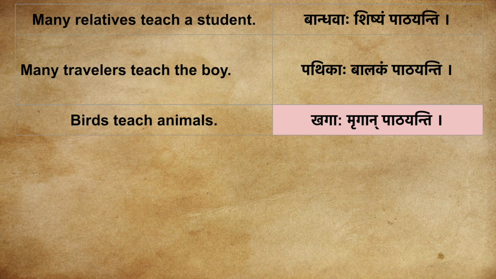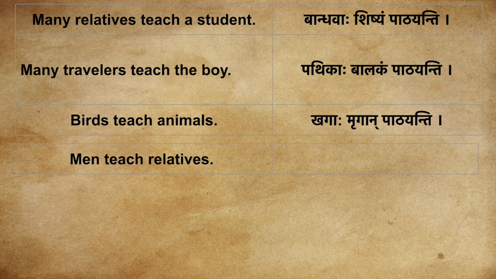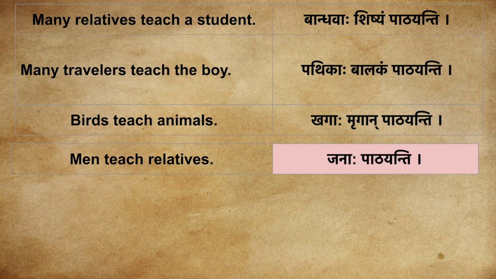If you've noticed, when I ask the question, I always use kam, because when you're asking, you don't know if it's going to be singular or plural, how many people they teach, and so on. So it's safer to use just the singular. Men teach relatives. Men. Janaha pathayanti. Janaha kam pathayanti. Janaha bandhavan pathayanti.